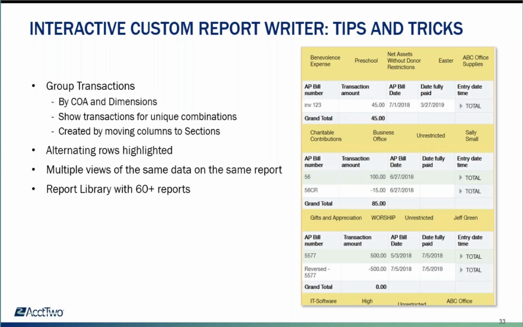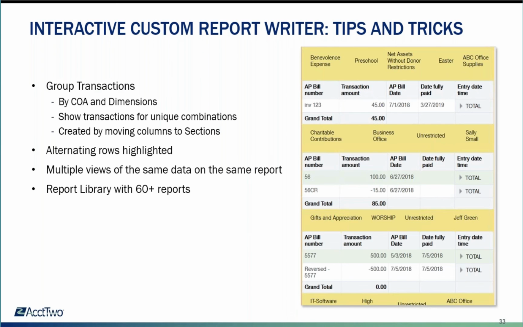supplied you with, once you have the interactive custom report writer, you get access to a very large report library, which as of the date of this recording was about 65 reports that you get with the interactive custom report writer. They're sitting in the library ready to be downloaded at no extra cost.